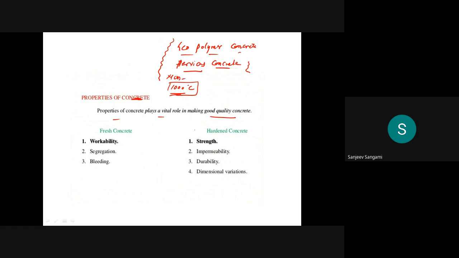So the first one is always workability, and when it comes to hardened concrete, it will be the strength. We will always concentrate on that. See, what is this workability?